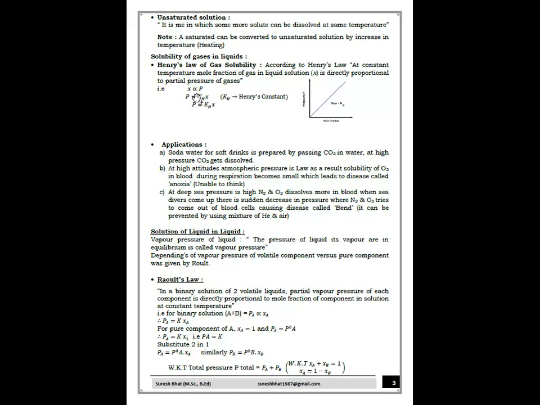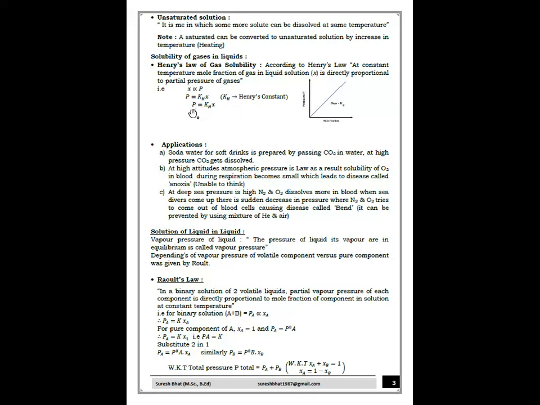Now, the expression for Henry's law is mole fraction is directly proportional to P, where P indicates partial pressure of gas. Now remove the proportionality constant, so the equation becomes P is equal to KH into chi, where KH is said to be Henry's constant.